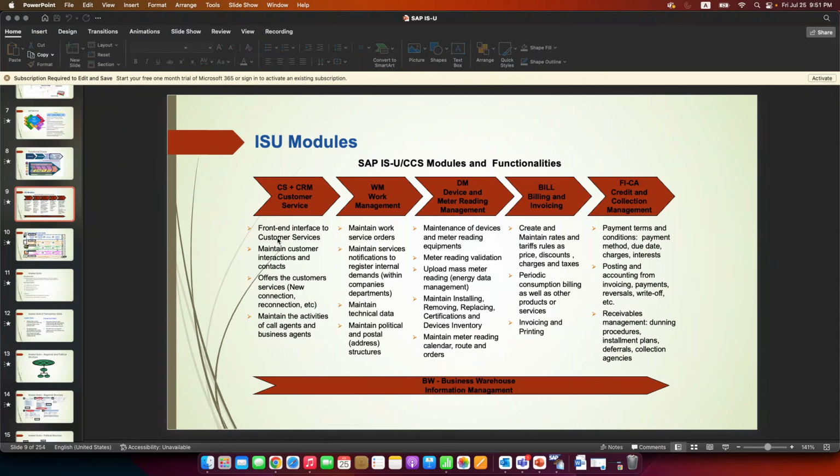And when it comes to utilities, there were no features or functionality in CRM, so they came up with contract management. And then it came to the HANA database, so they renamed it as C4C. And C4C is not that successful, so they are coming with a new provision called CE, customer engagement.